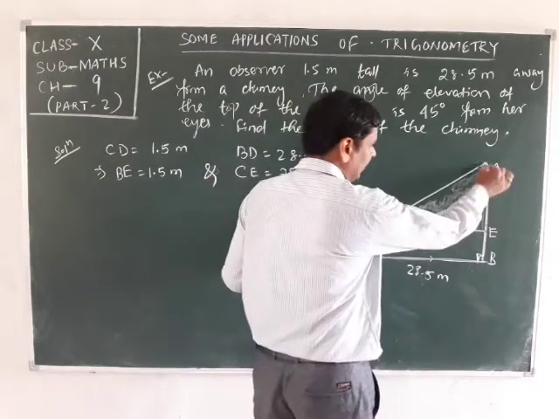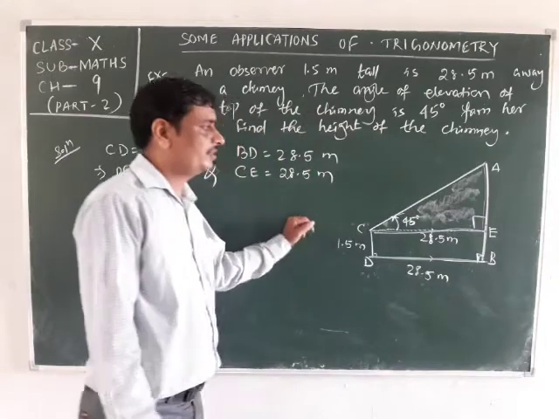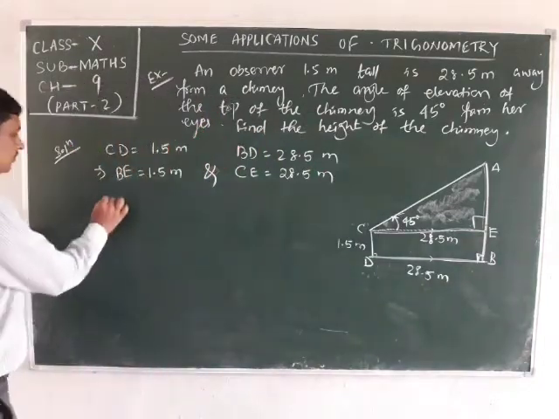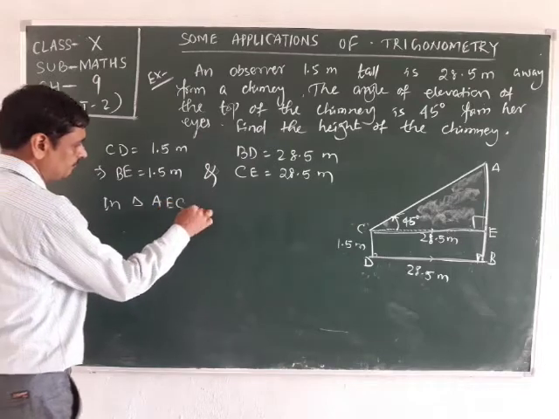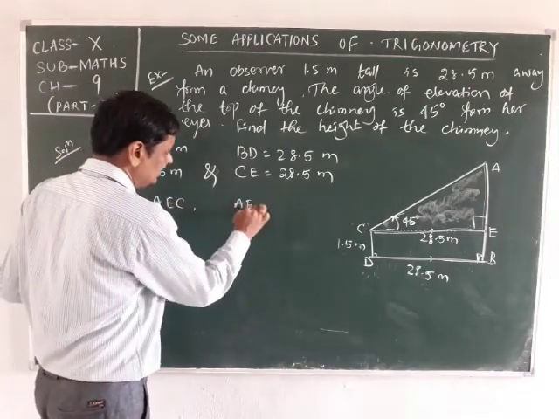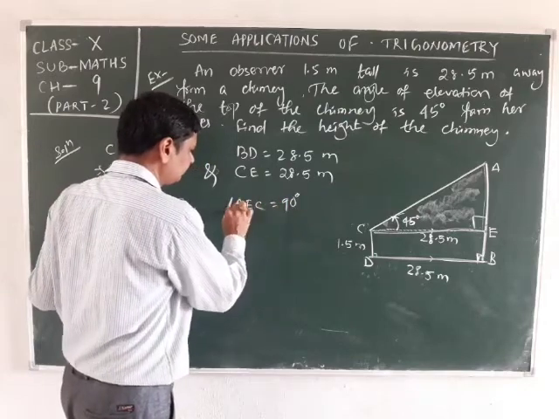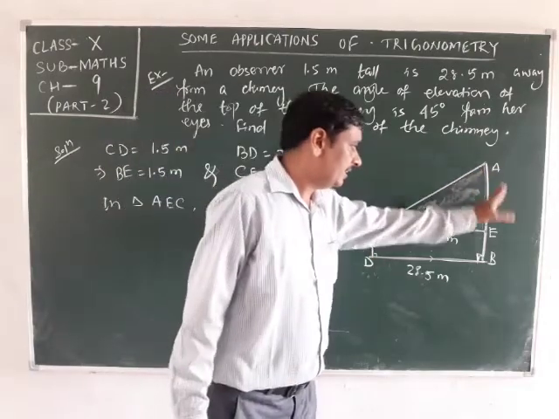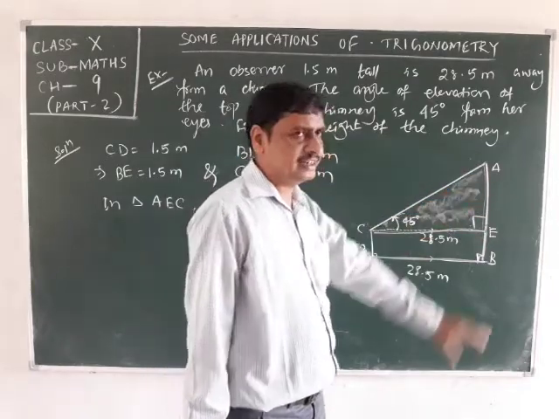This implies angle AEC is also equal to 90 degree. Now, in triangle AEC, angle AEC is equal to 90 degree. Since this angle is 90 degree, triangle AEC is a right angle triangle.